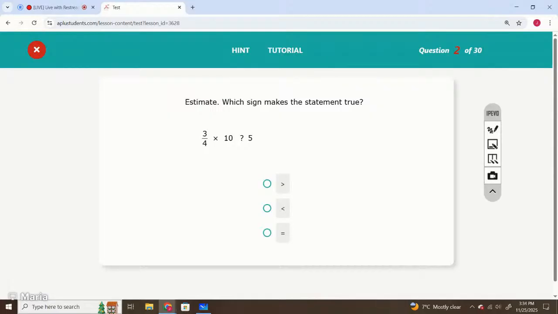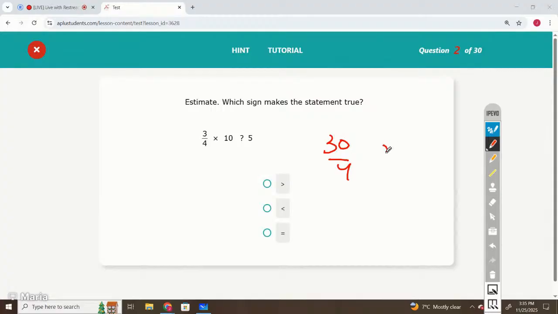3 by 4 times 10. 10 times 3 is 30, and that is 30 divided by 4.